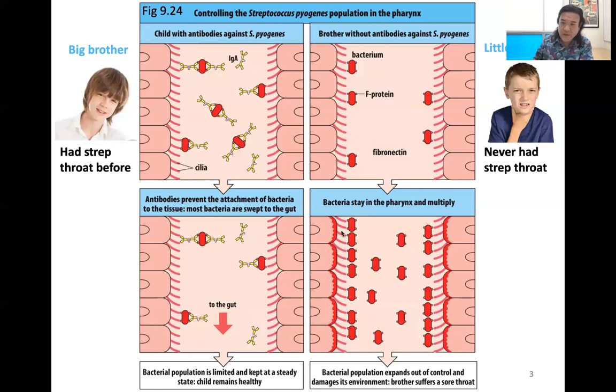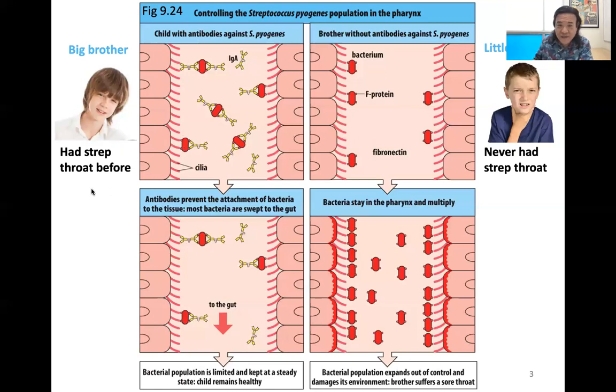Importantly, now little brother, because he beat the strep throat, will be like big brother. Next time they are exposed, like a different cousin comes over and sneezes and spits on them with strep throat, they both now have memory.